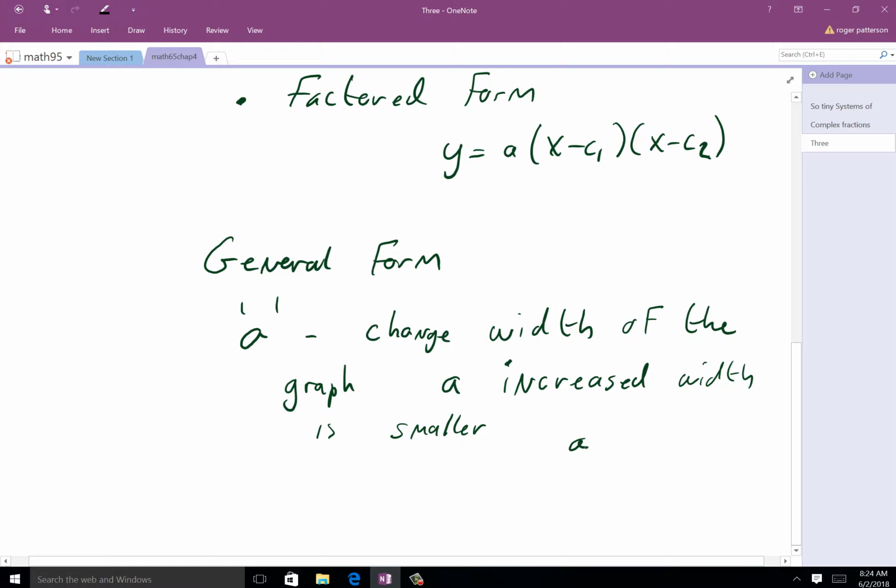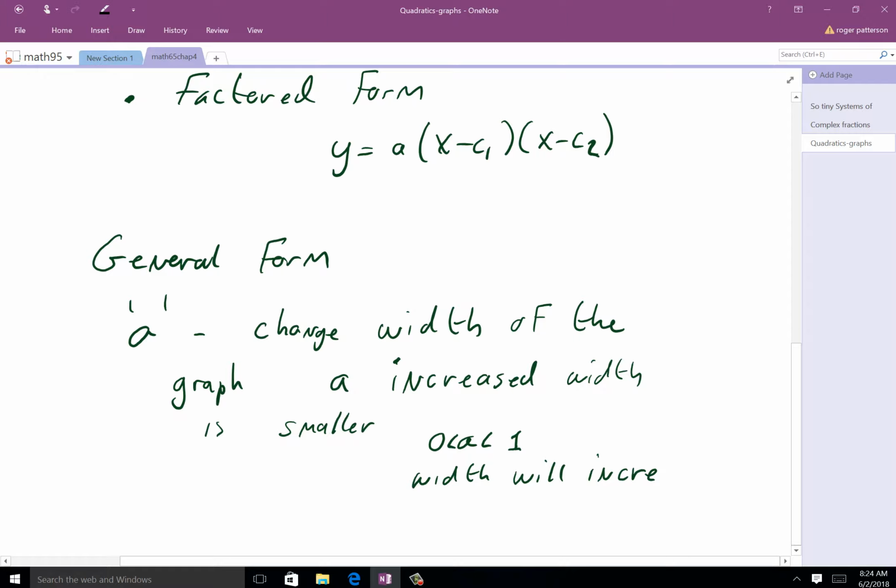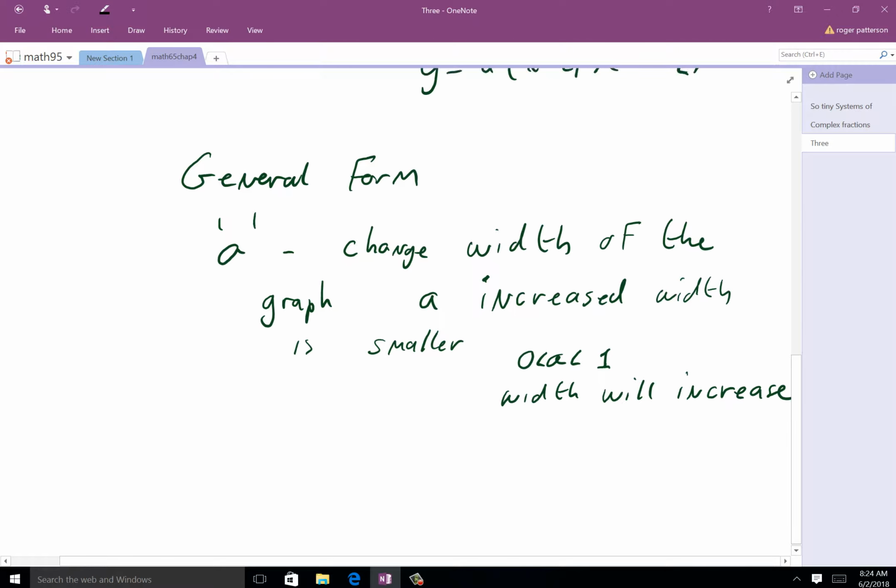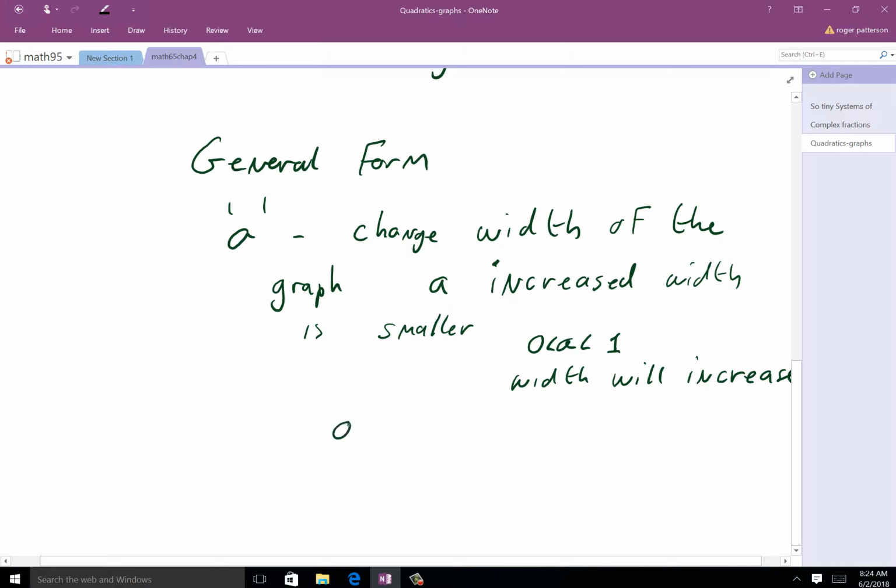Now when A is between 0 and 1, so it's a fraction less than 1, then the width will increase. And when A is less than 0, that's when we're going to get a flip.